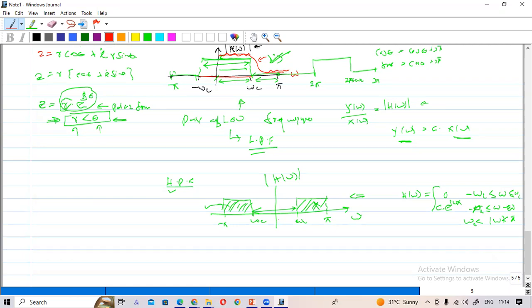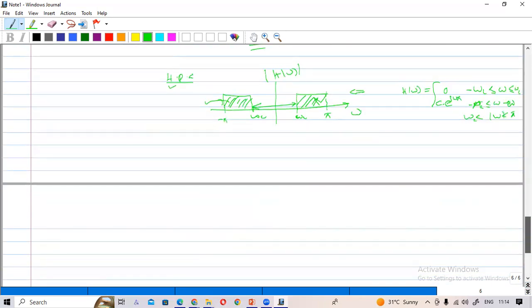So if you consider a band pass filter, I think now you can write it. Band pass filter. That means that will pass the magnitude of H omega when omega is between some specific range.